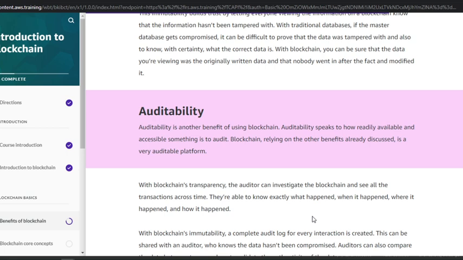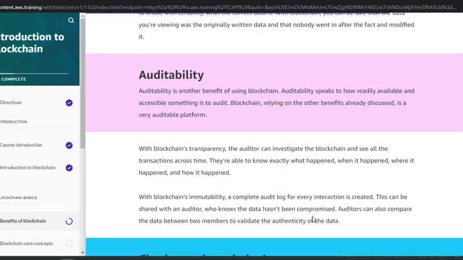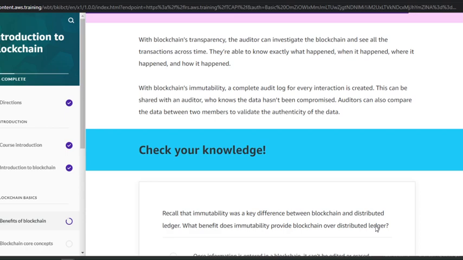They're able to know exactly what happened, when it happened, where it happened, and how it happened. With blockchain's immutability, a complete audit log is created for every interaction. This can be shared with an auditor who knows the data wasn't compromised. Auditors can also compare the data between two members to validate the authenticity of the data.